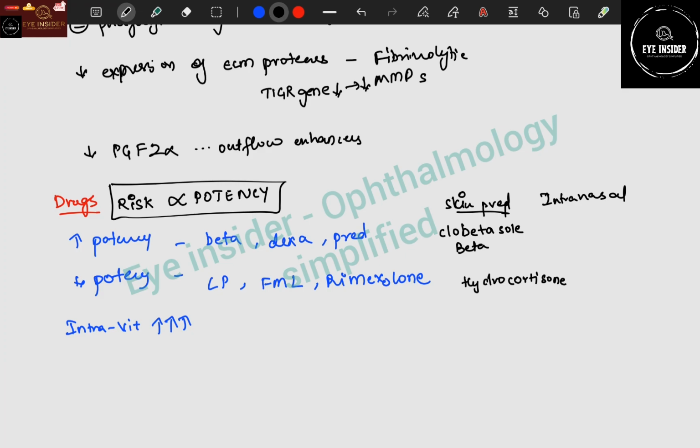We need to take a proper history of these things also, because we often miss this, and the patient does not consider this a specific medication unless it is taken by the oral route. Understood? We have intranasal preparations like dexamethasone and budesonide, which are high potency, whereas fluticasone is a lower potency drug.